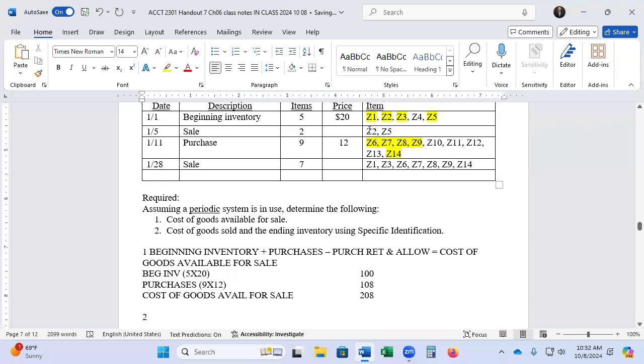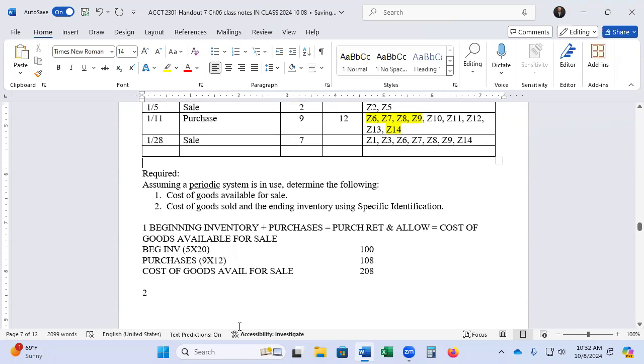Okay, so that leaves us with 1, 2, 3, 4, 5 left. And so let's see if that makes sense. We had 14 and we sold 9, and so there should be 5 left, okay?